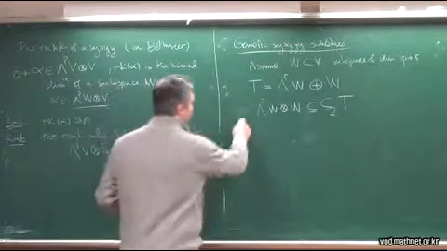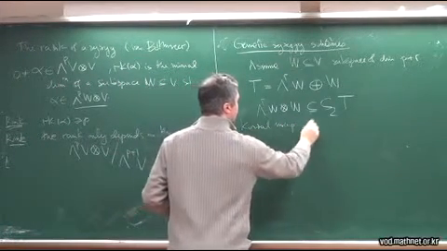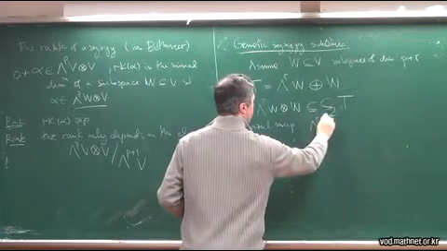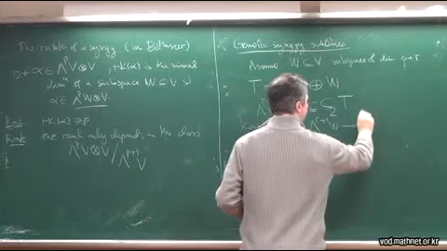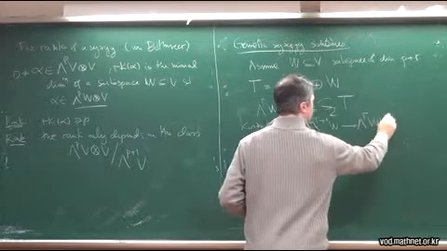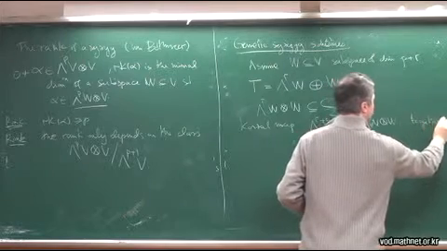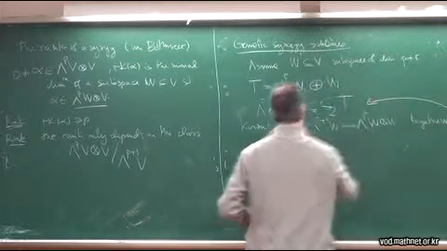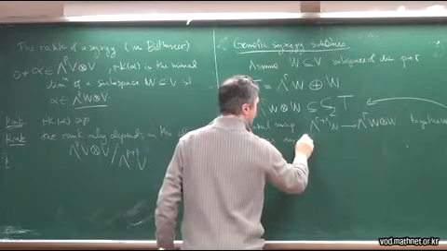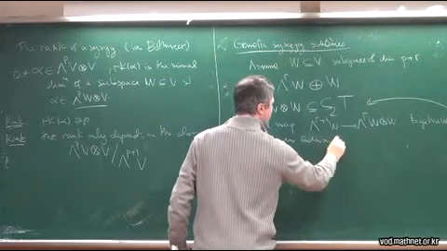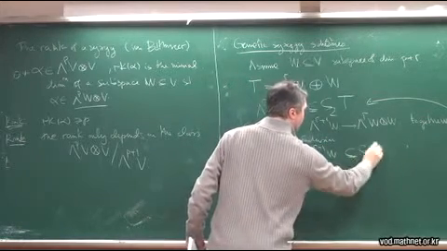And the Koszul map from wedge R plus 1 of W to wedge R W tensor W, together with this inclusion, gives an inclusion wedge R plus 1 W into S2 of T.